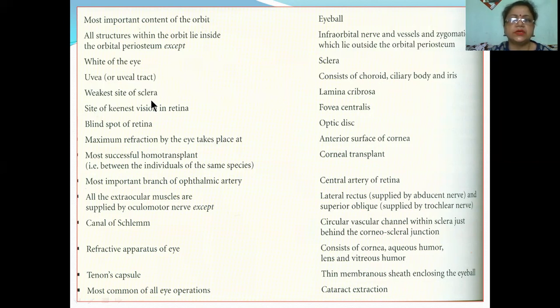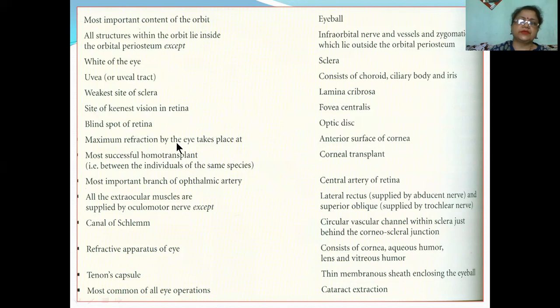Okay. Weakest site of sclera, I told you yesterday, lamina fibrosa. What is lamina fibrosa? From where the optic nerve will come along with the central retinal artery and vein. Okay. Site of the keenest vision of retina, that is the fovea centralis. Blind spot of retina, optic disc. This whole chart is important for MCQ as well as viva.